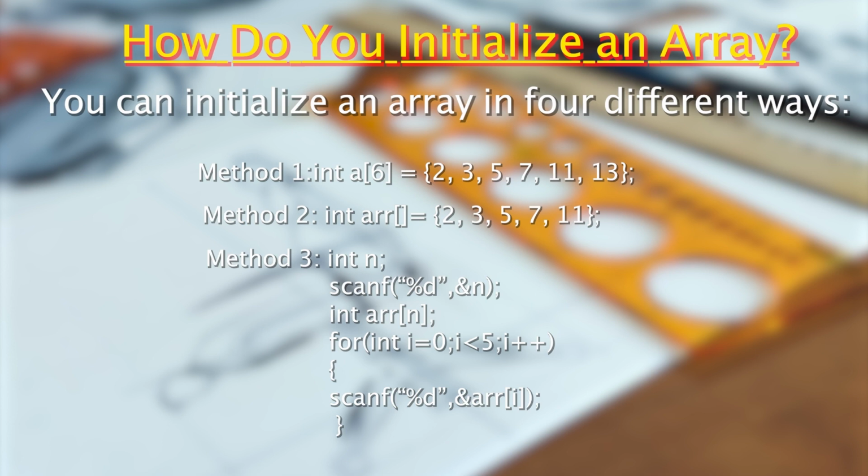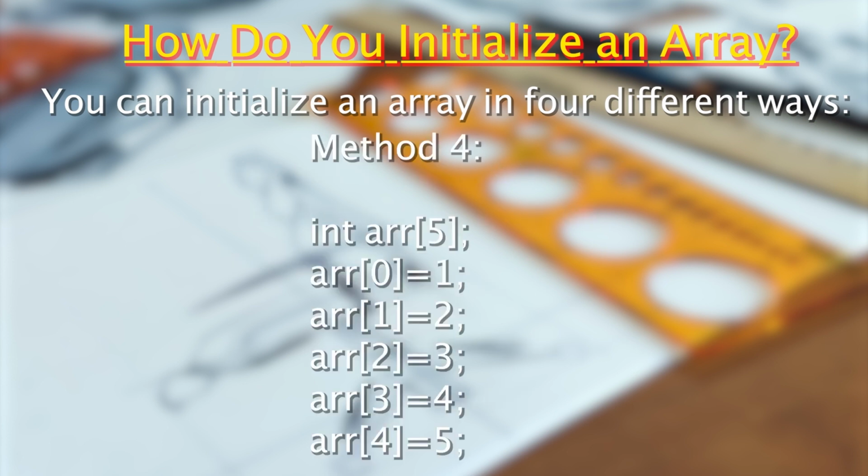Why? Because i starts from 0 and works up to less than 6. After inserting one item in one node, i is incremented with the help of i plus plus, and by the scanf function, we can insert our elements inside the nodes one by one.